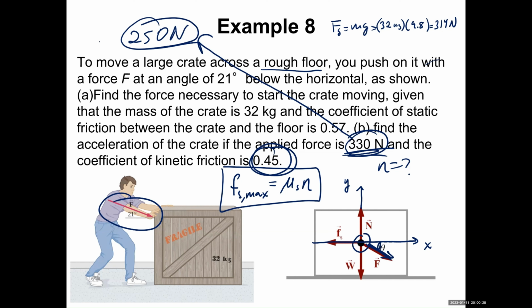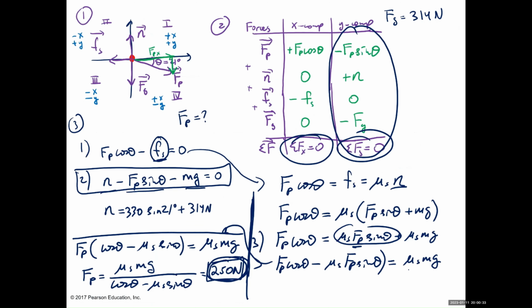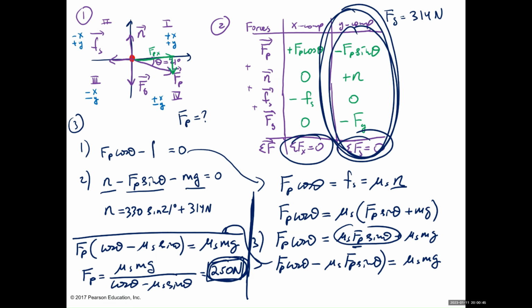It's always going to accelerate across the floor. So this part of equation 2 will always still be 0. What's not 0 anymore is equation 1. Now you're dealing with the kinetic friction, but they no longer balance because now you're going to have mass times acceleration. This is Newton's second law. Net force equals mass times acceleration.